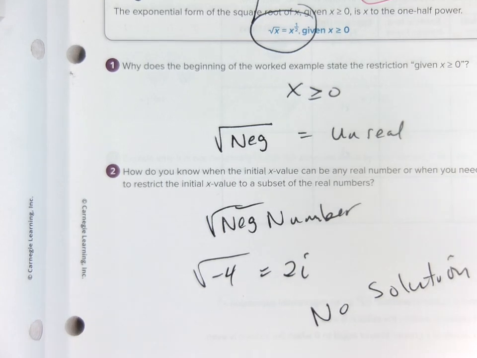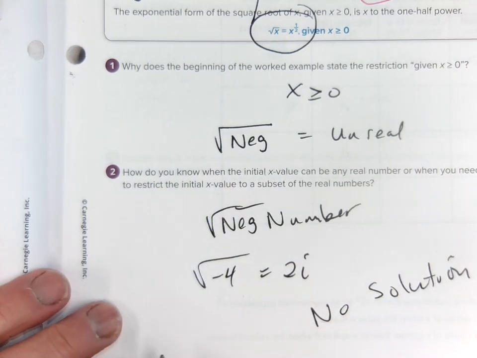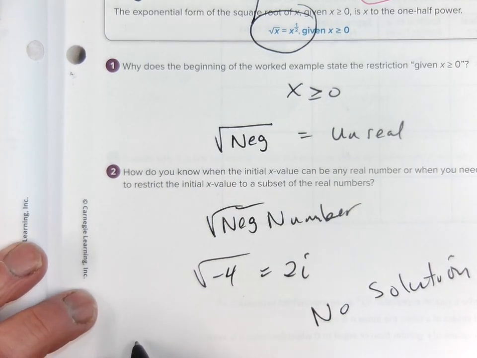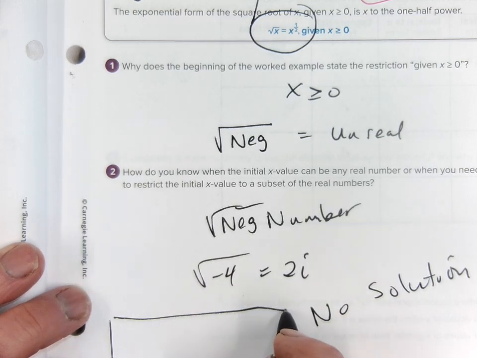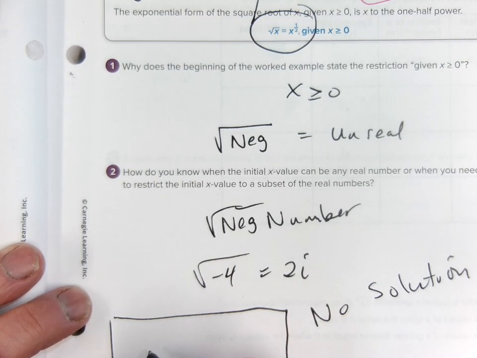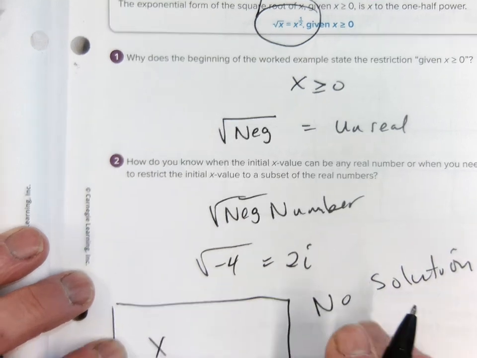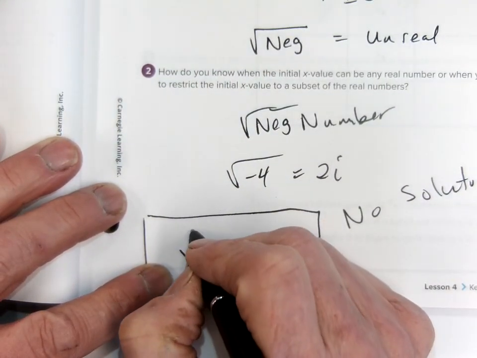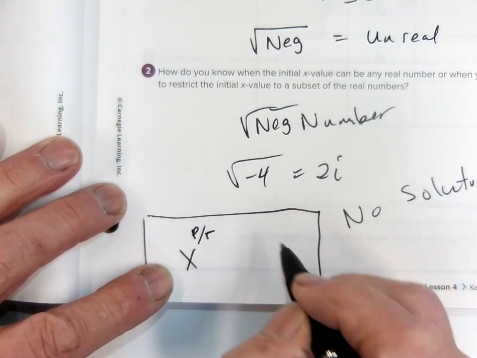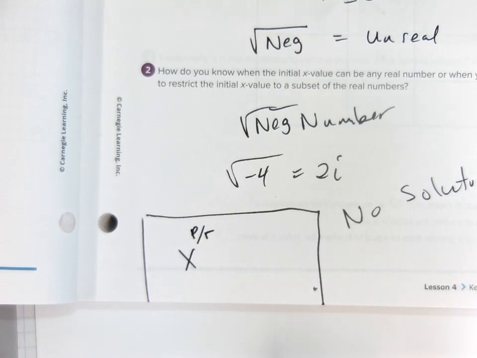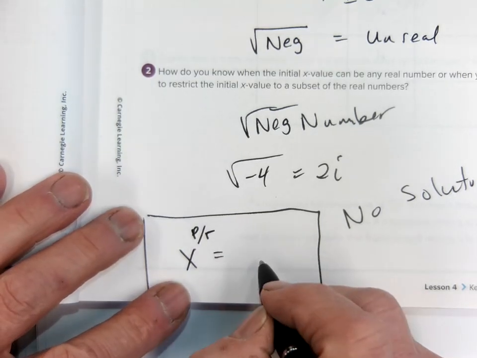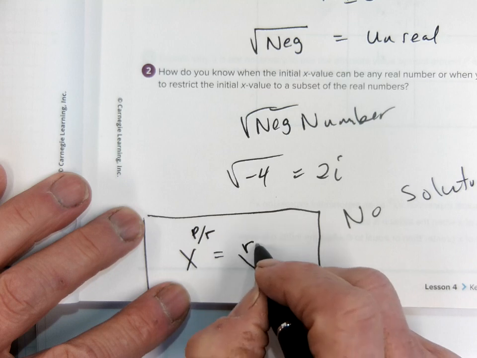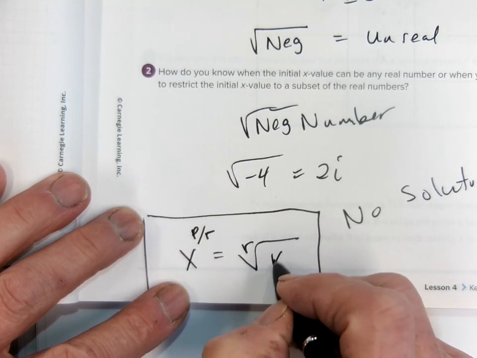Now, one other thing I think we need to add, which we talked about earlier, and this I want you to write down: if we have x to the p over r, that can be rewritten as the rth root of x to the p.